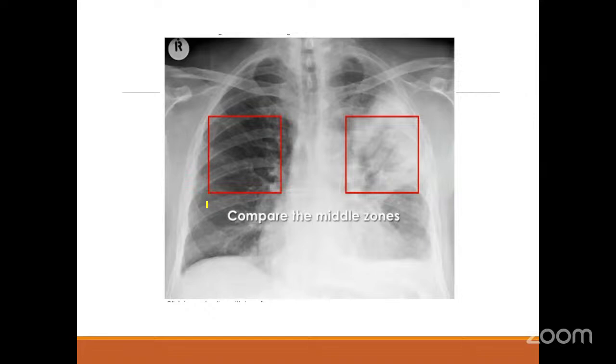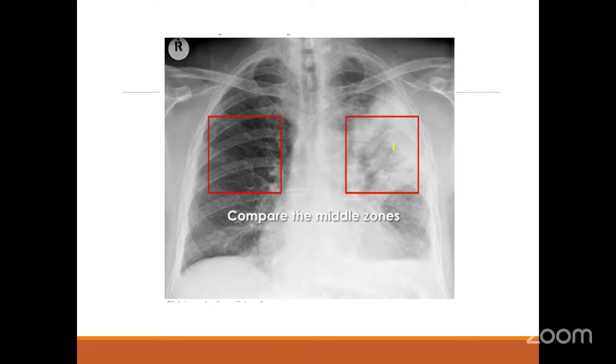Here you can see a stark difference between right and left. What I'm trying to show is, here we have an opacification in the left middle zone. But within the middle zone, you can see fine black lines. These are the airways which we are seeing. These airways, which are otherwise not visible, are now visible because the surrounding lung parenchyma, which has to be black, has turned white.